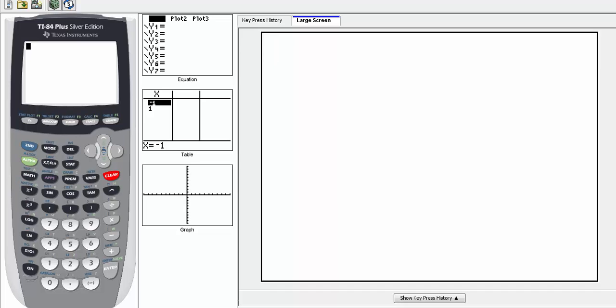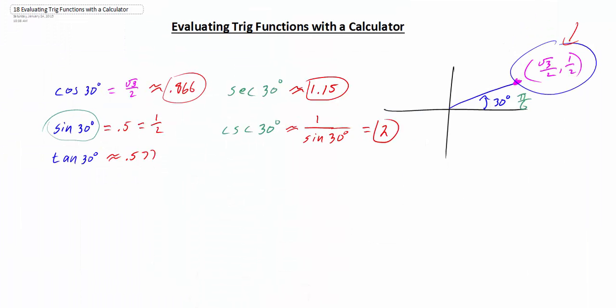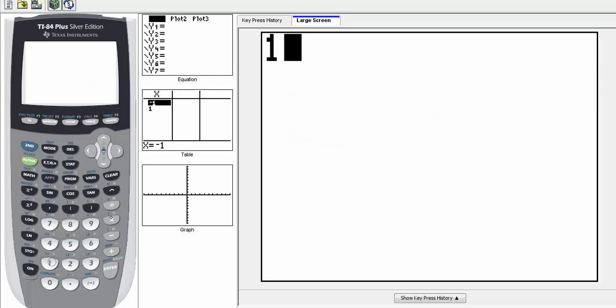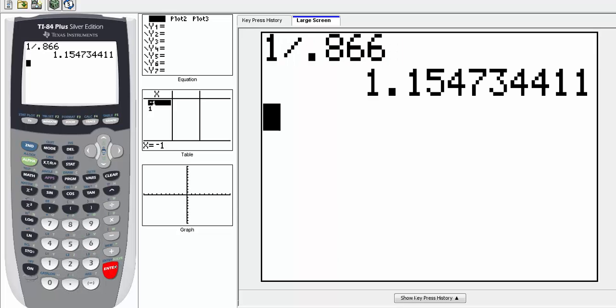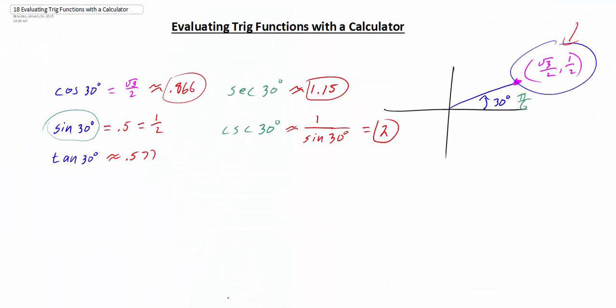Okay, and even if we go back to the previous part, cosine and secant, what do we get if we take 1 divided by 0.866? We said the cosine of 30 is 0.866. So 1 divided by 0.866, we get 1.15. And notice there, 1.15 is what we get here for the secant because all we're doing is taking the reciprocal.